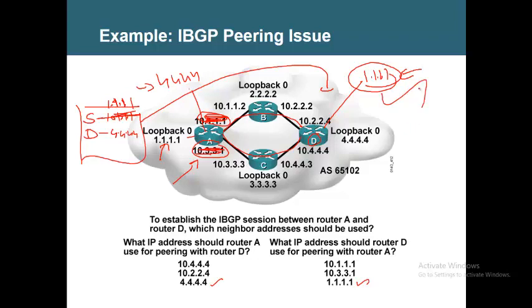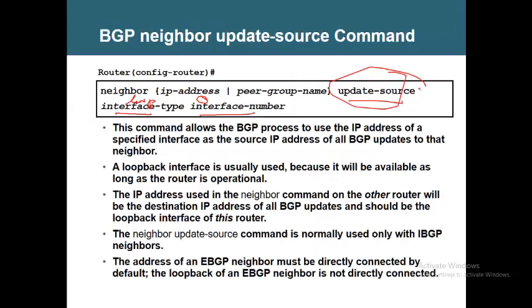Now read these lines, you will understand. This update source command will change the source address of the packet. We need to say update source interface, and that interface address should be the address that is given in the remote router's neighbor statement, like this.